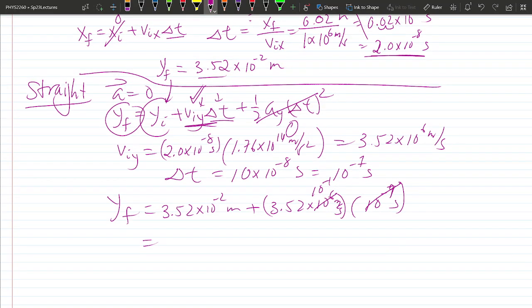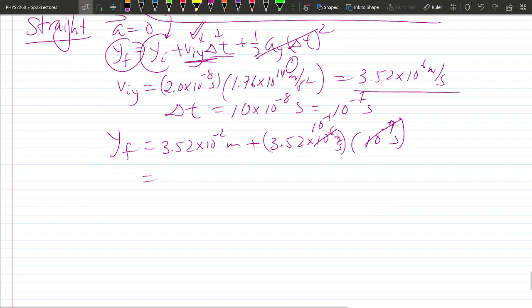This is funny, these numbers are exactly the same. Anyway, 3.52 times 10 to the negative 2, plus 3.52 times 10 to the negative 1, because this is 7, this is 6, so it multiplies together to be 10 to the negative 1. So this turns out to be 3.87 times 10 to the negative 1 meter.